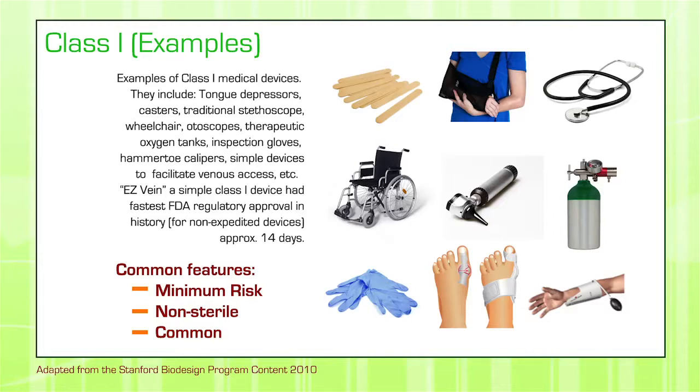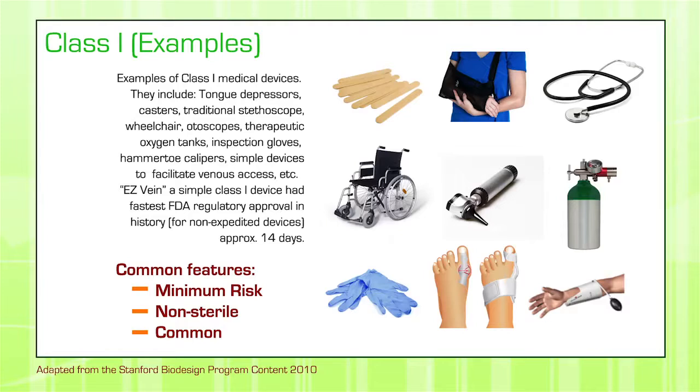In this case, tongue depressors, casters, traditional stethoscopes, so the ones that are not necessarily electronical, wheelchairs, otoscopes, therapeutic oxygen tanks, inspection globes, even simple devices to correct hammer toe or calipers or to facilitate venous function or access can be included in this classification.